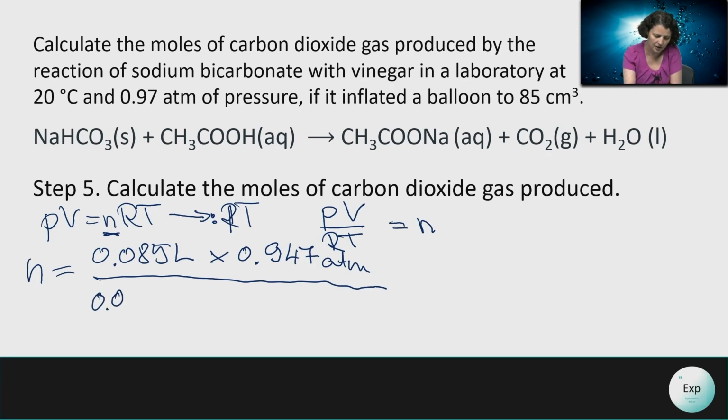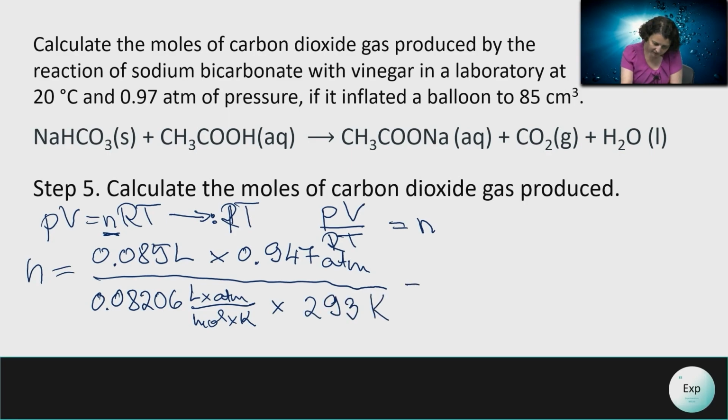Because we have atmospheres, it's 0.08206 liters times atmosphere over moles times Kelvin, times temperature. And we already converted our 20 degrees Celsius to Kelvin. It is 293 Kelvin. From there, we complete our calculation.